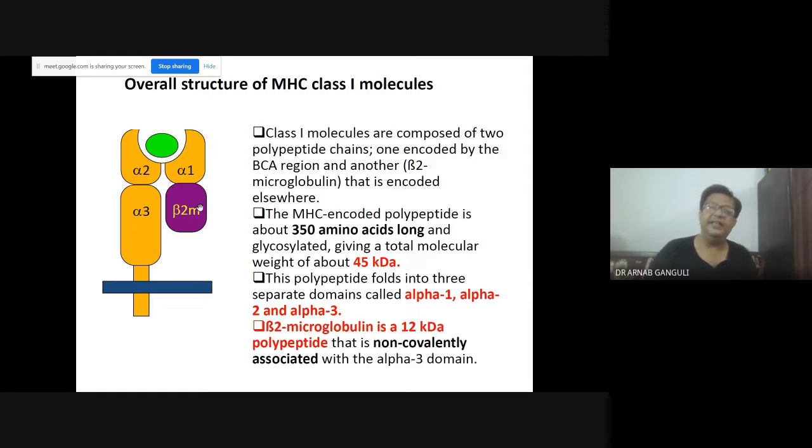So you will see four different types of polypeptides, maybe encoded by four different genes. We will look at the structure of the genes later. Only one anchor, you have an alpha 3 peptide, separately encoded, you have alpha 2, another peptide coded by another gene, alpha 1, another gene, and beta 2m.